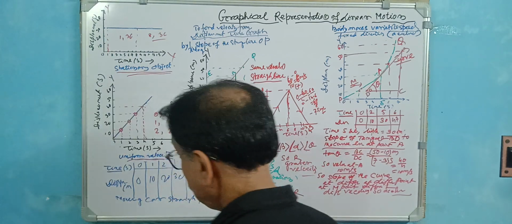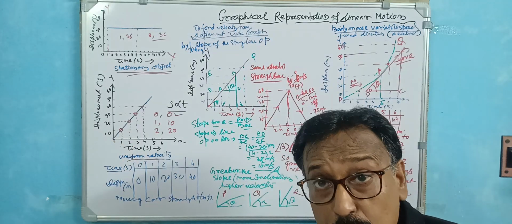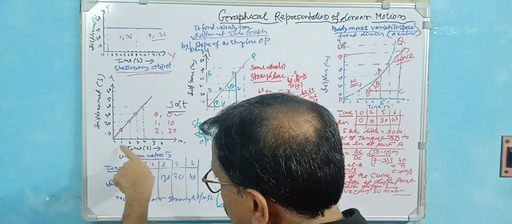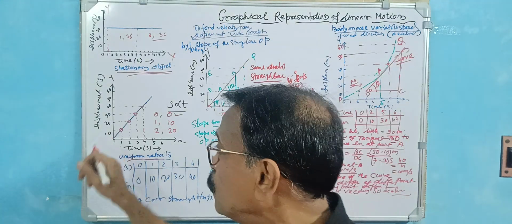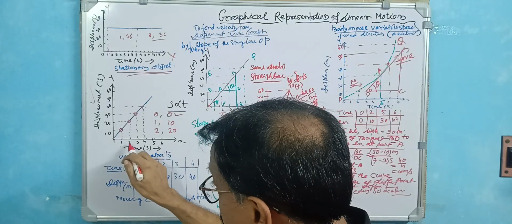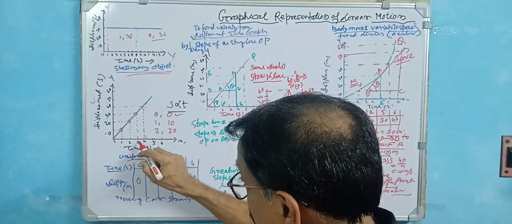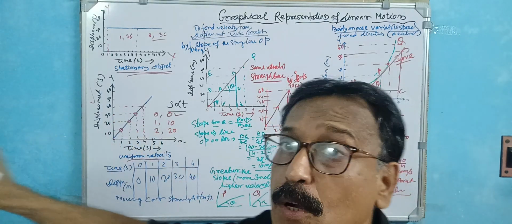What is the change? If the time is 0 seconds, the position of the body is 0 displacement, there is no meter. If the time is 1 second, the body has moved from 0 to 10 meters displacement. If the time is 2 seconds, the body moves from 10 meters to 20 meters. If the time is 3 seconds, the body has moved from 20 meters to 30 meters.